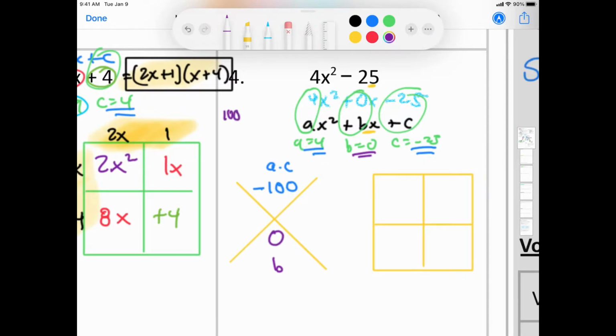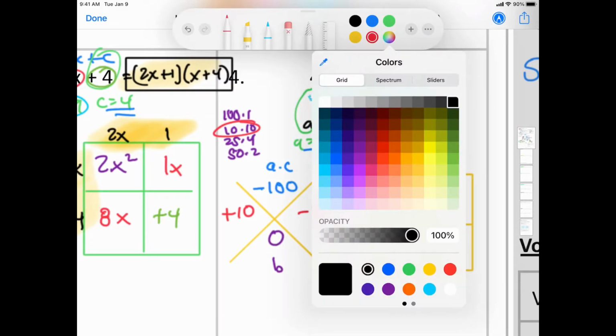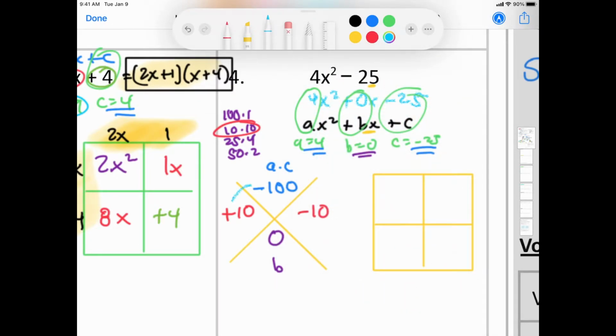So you can put the factors up here. All right, which ones, if I add them, will be 0? Now, to get 0, you're going to have one positive, one negative. Let's check. Positive 10 times negative 10 gives you negative 100. Positive 10 plus a negative 10 gives you 0. So that is the correct answer.